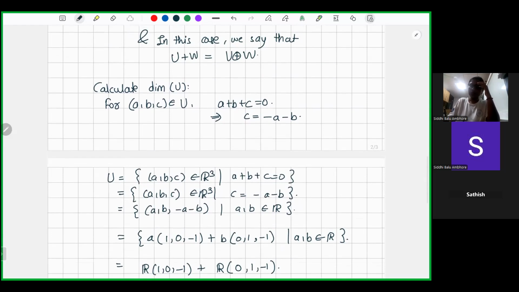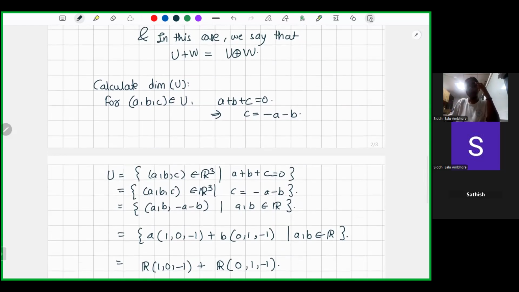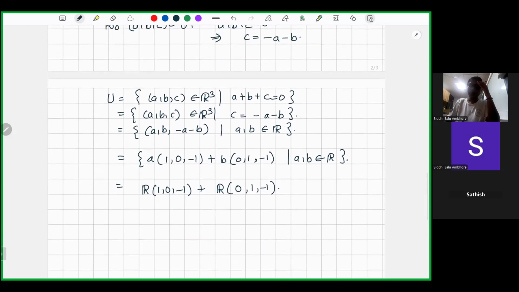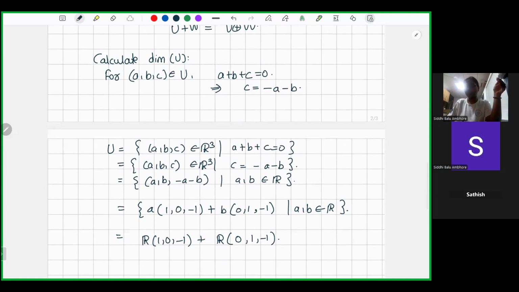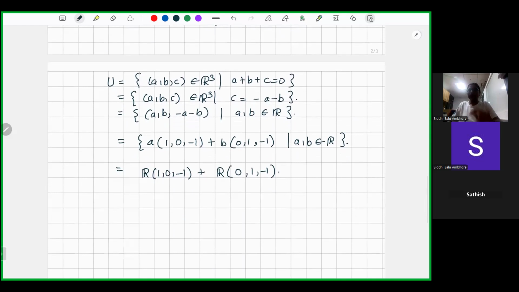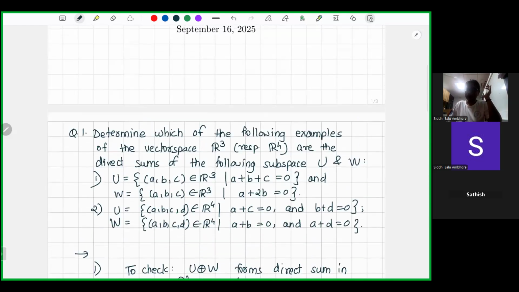So now we are calculating dimension of U and dimension of W, and then we will calculate dimension of U plus W and check what we get.